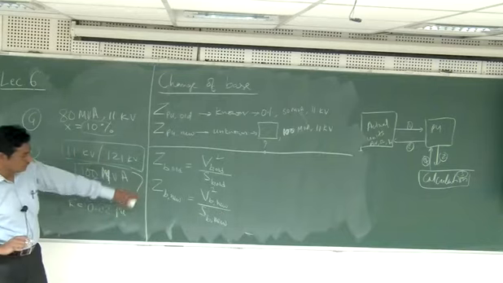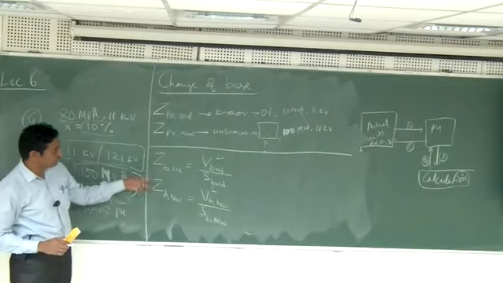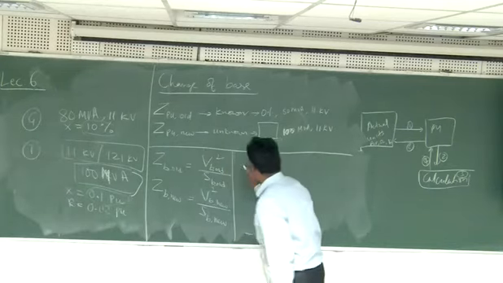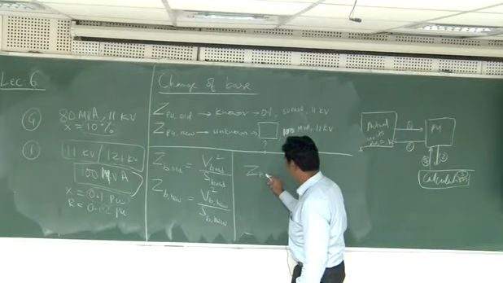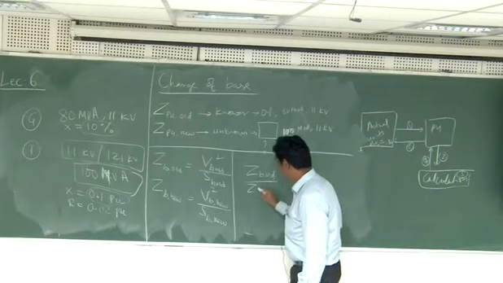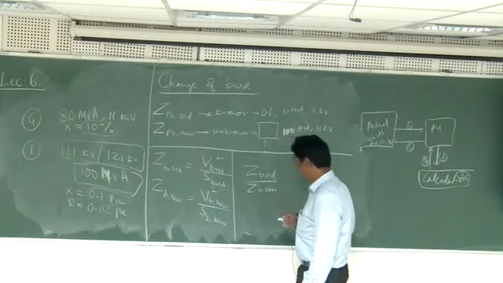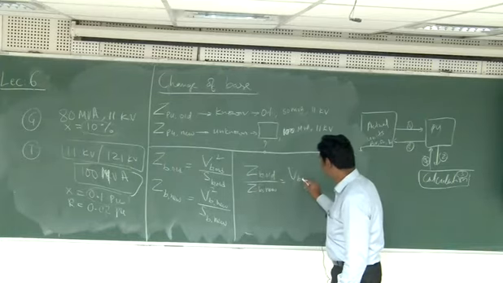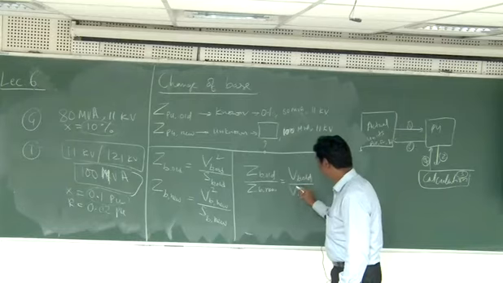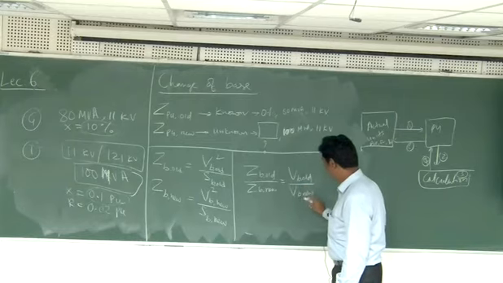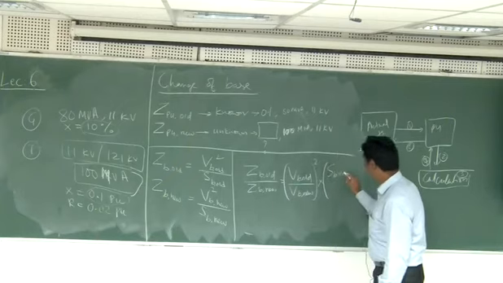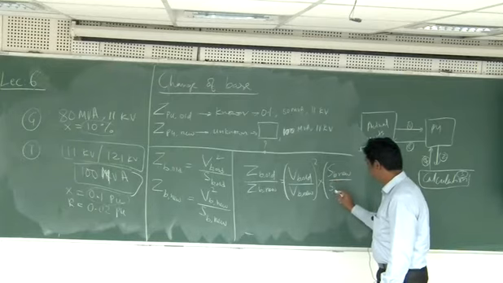So there is no confusion here. Now I'll divide these two. If you divide these two, I'll get something like this: Z base old divided by Z base new is equal to V base old by V base new, whole square, multiplied by S base new by S base old.